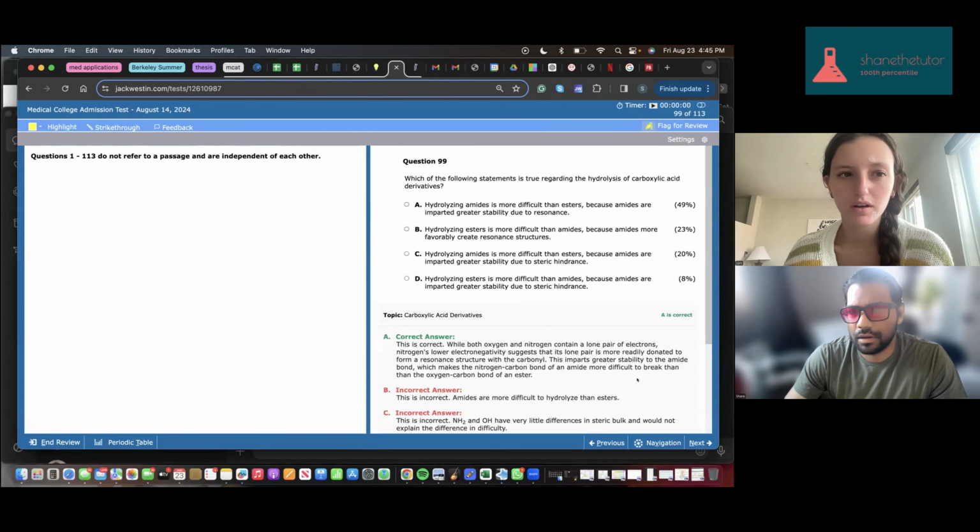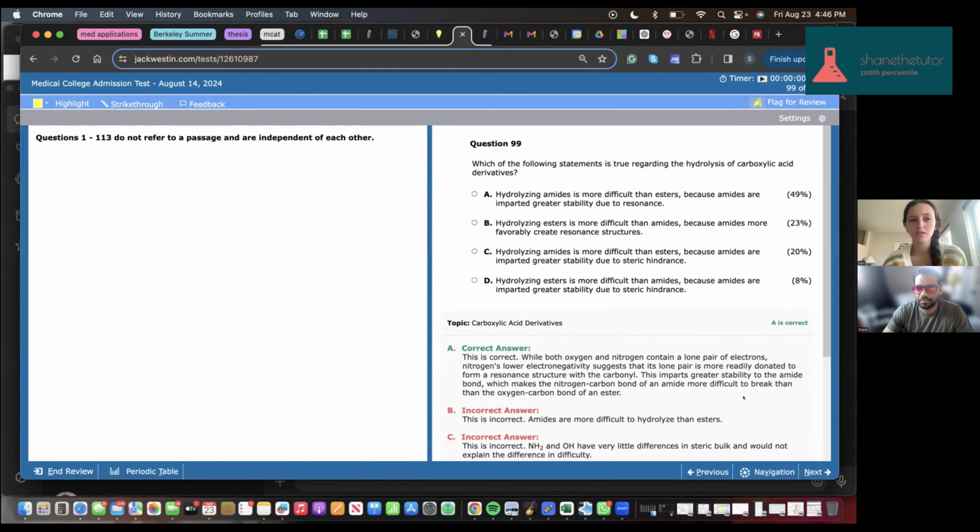We talked yesterday about how things that are electronegative are worse leaving groups, so it would probably be harder to hydrolyze, which is what hydrolysis is. So this is talking about carboxylic acid derivatives. What can you tell me about those?